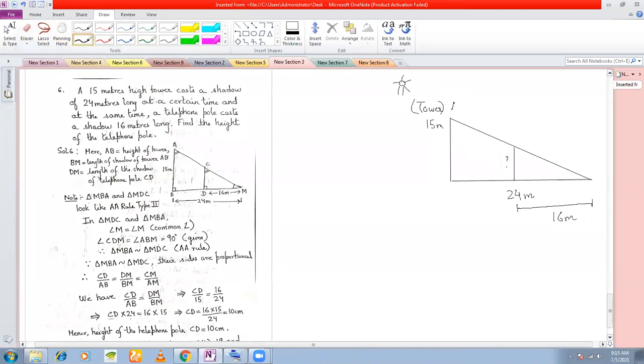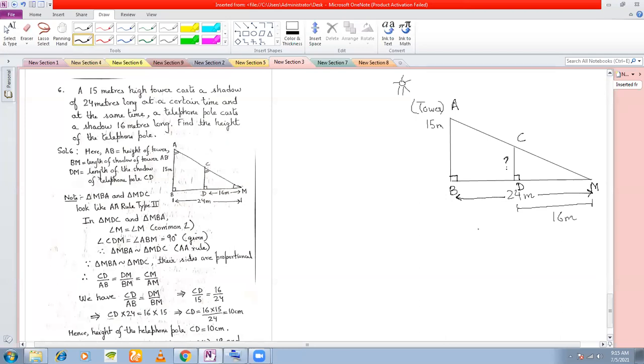Okay, now let's label it. So these two are perpendicular to the ground level. These two are 90 degrees. Okay, you need to find out the length of CD here. This is given to be 24.